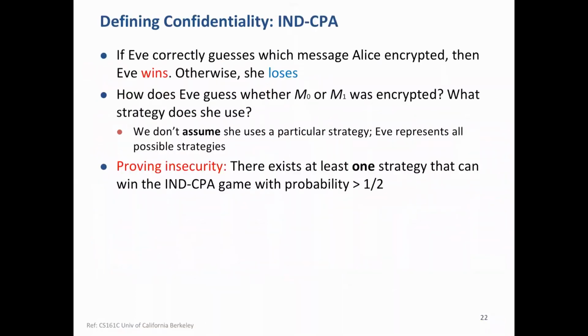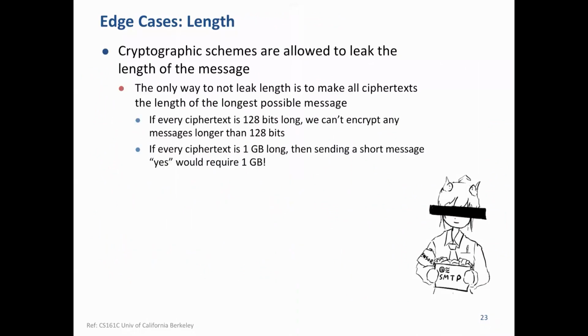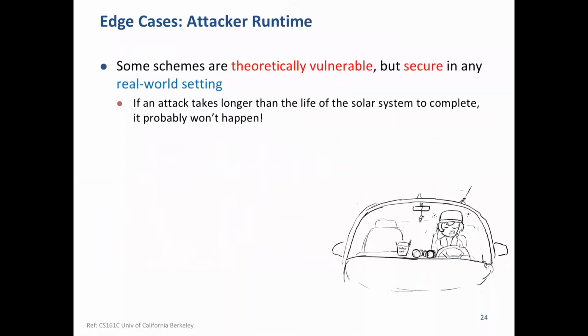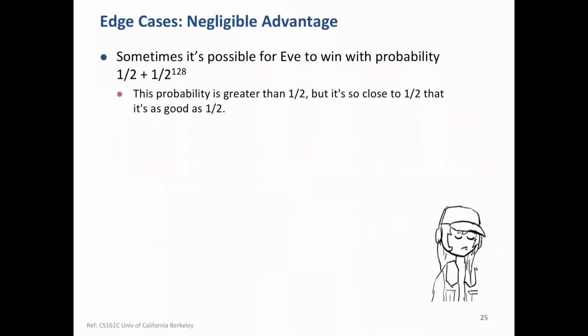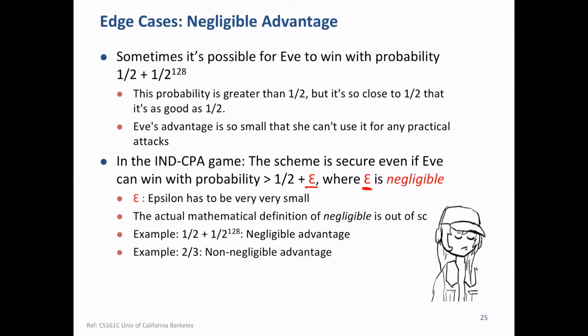If the probability of guessing is significantly more than half, then Eve has won the game, otherwise Eve has lost. There are some edge cases, however: message length has to be leaked, and the probability of winning can be slightly higher than half, but this epsilon has to be negligible.